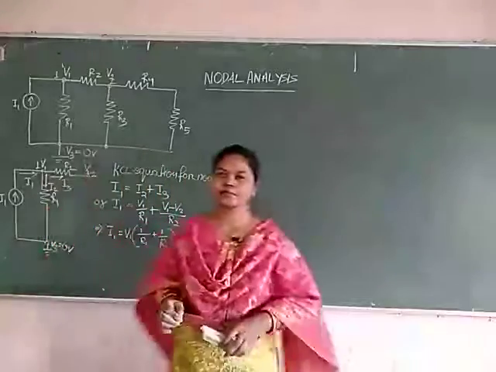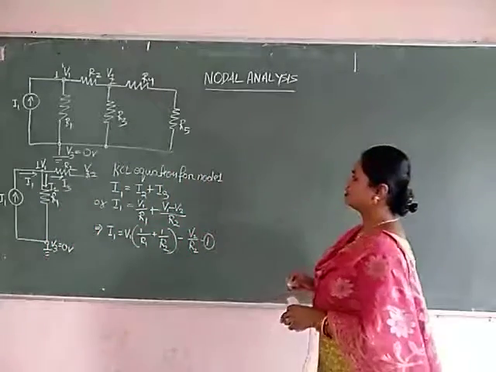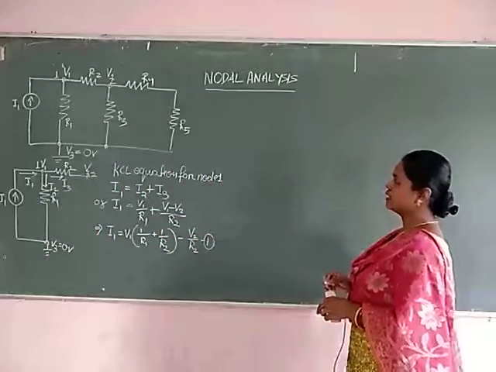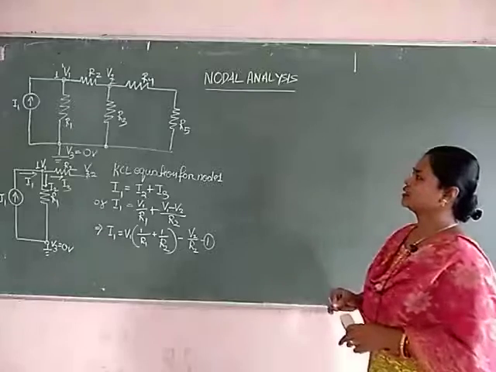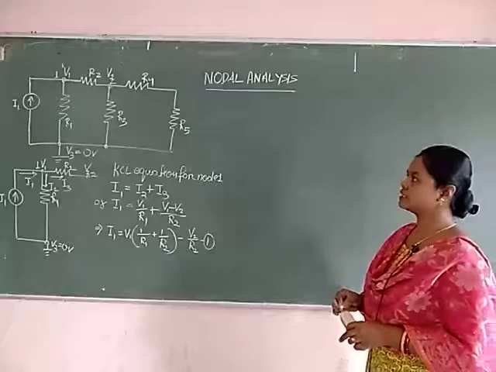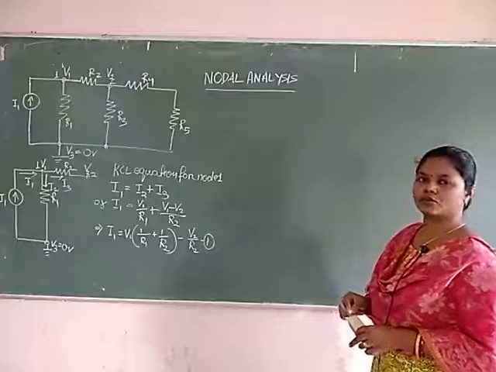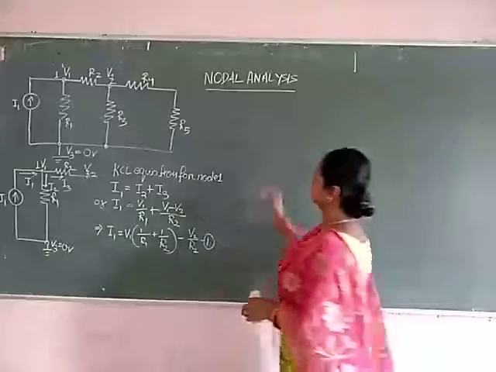Next we write KCL equation for node 2. For that you again redraw the circuit where we represent the branches which are connected to node 2 only.